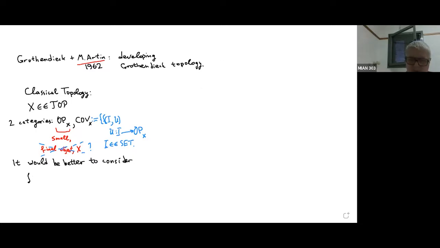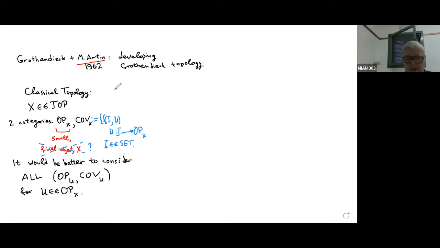I'm not going to use the set theoretical arrows now, but all these pairs, opens U sub U and coverings sub U, for all the U that were open sets, but I'm denoting them as the objects of a category.